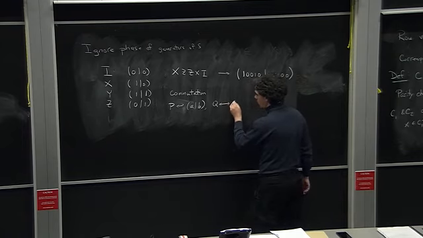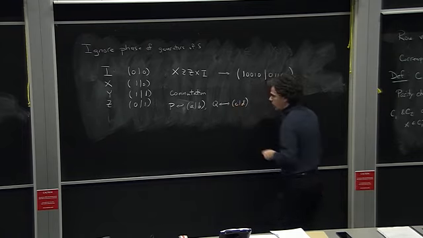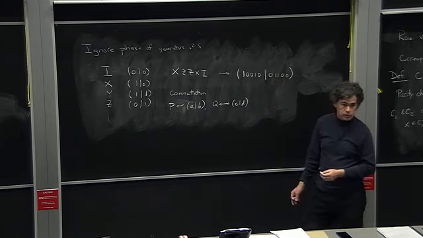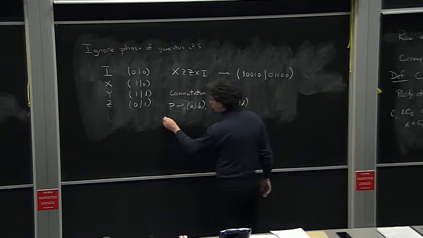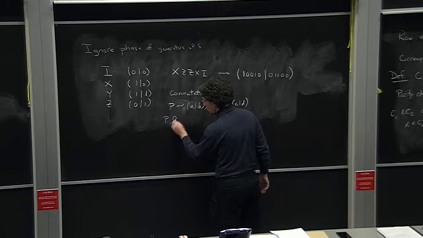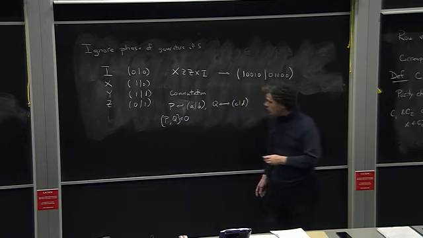And Q is represented by CD. Okay? Then P and Q, so when do P and Q commute?